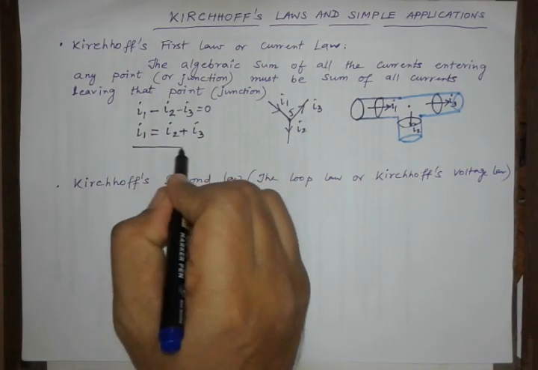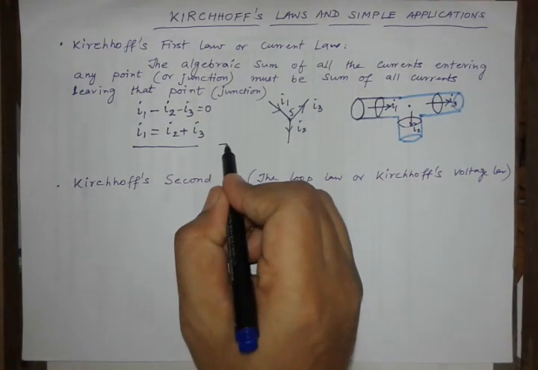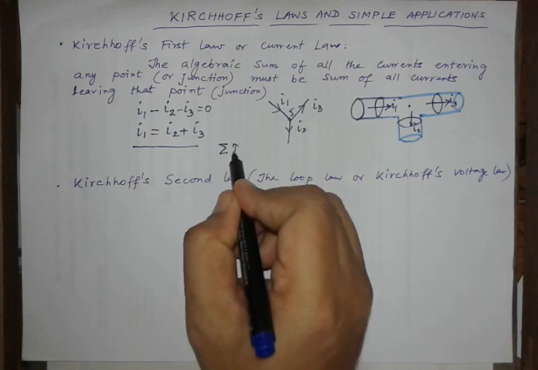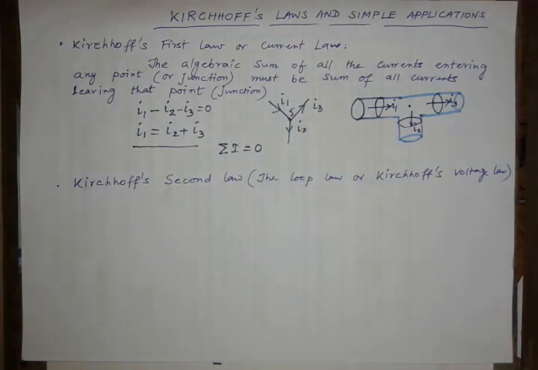This is Kirchhoff's first law or the Kirchhoff current law. The algebraic sum of all the currents meeting at a point in a closed circuit is 0. You can write the summation of I at a particular point is equal to 0. That is Kirchhoff's first law.